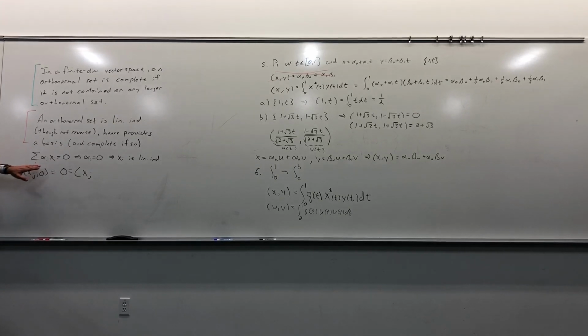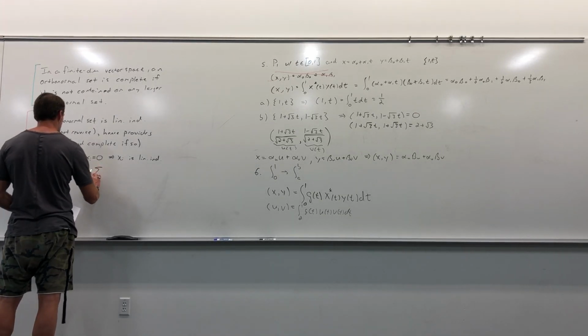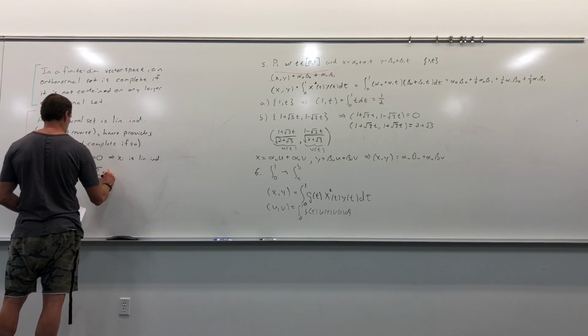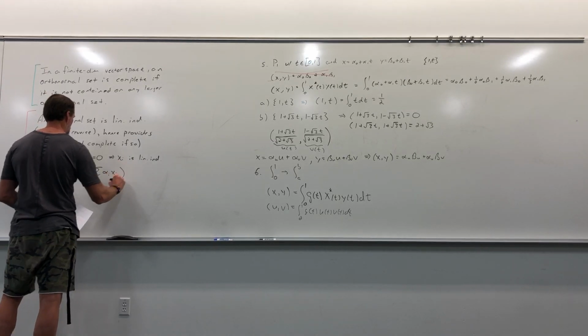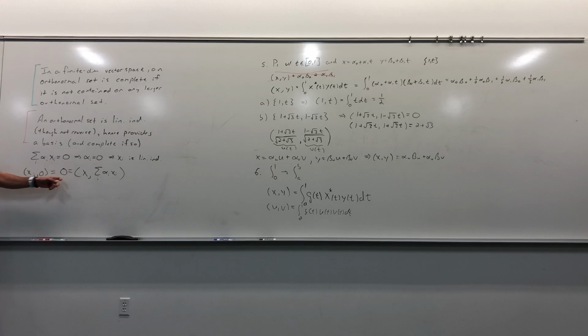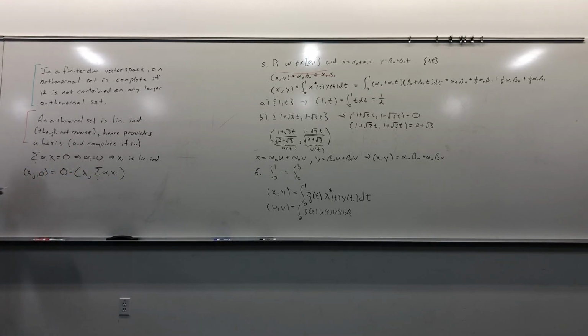let's suppose that this sum is 0. So we can replace the 0 here by the sum over alpha i xi. Okay?